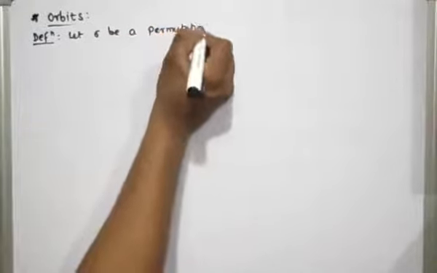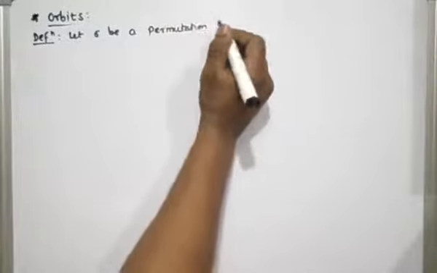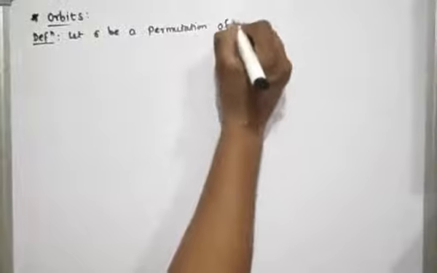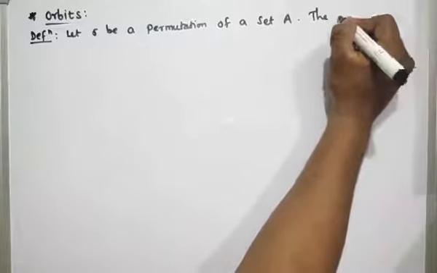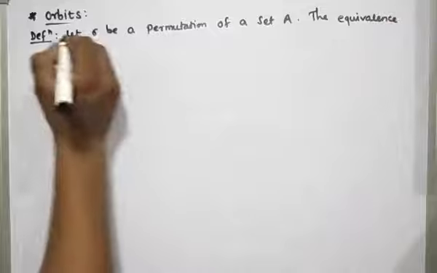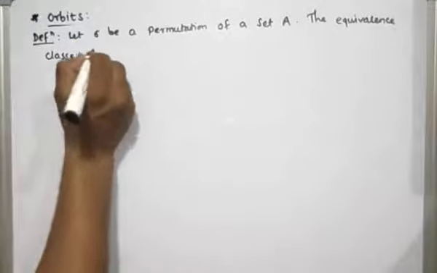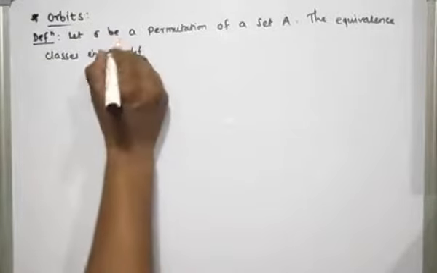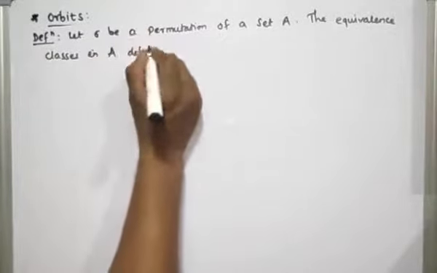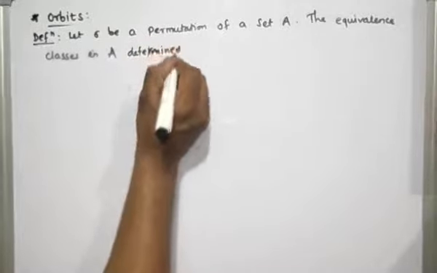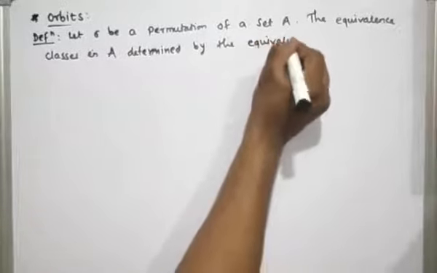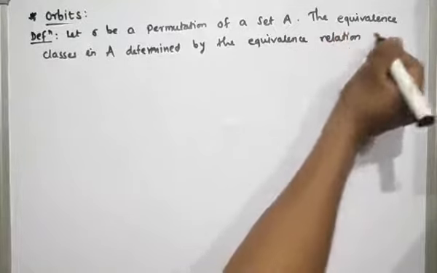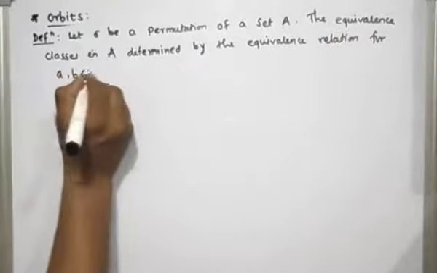A permutation means a function sigma from A to A which is both one-one and onto, a permutation of the set A. Thus the equivalence classes in A determined by the equivalence relation, for a, b belonging to A.